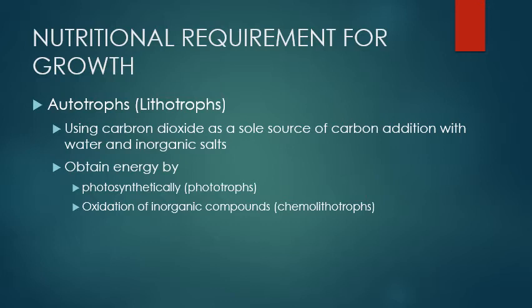A bacteria can be an autotroph or lithotroph when the bacteria uses carbon dioxide as a sole source of carbon, in addition to water and inorganic salt. It would also obtain energy by photosynthesis, or phototrophs, or oxidation of inorganic compounds, which is your chemolithotrophs. Okay?